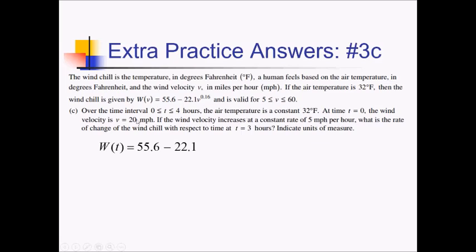So if I wrote 20 plus 5t, then I'm increasing by 5 every single hour. So that's what I'm going to put in there, and I'm still going to have that exponent of 0.16. So this is my W of t function. What I'm going to do now is find the derivative of this thing with respect to time at exactly 3 hours. So I'm going to do this on the calculator.